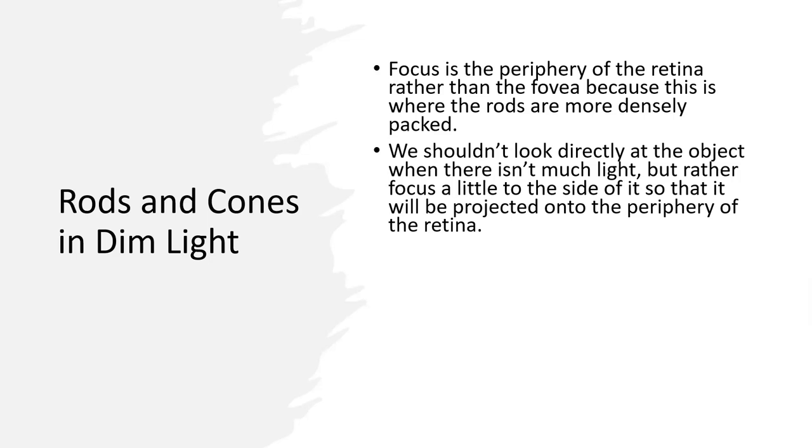If I'm thinking, oh, I really would rather not run into that, I'm going to want to look up, and then I'm more likely to catch the image of those objects in my path by the rods. If I try to look directly at the object I'm worried about, that's where the cones are tightly packed, so I'm highly unlikely to be able to see those objects.